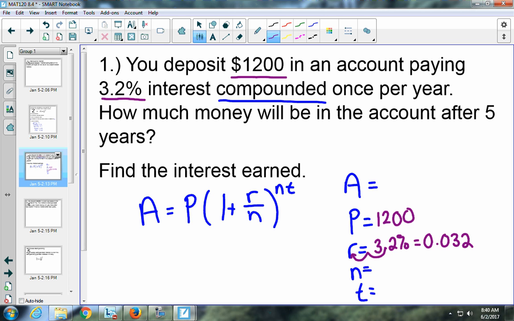Compounded once per year. That means that my n equals 1. That's how many times it's compounded per year. How much money will be in the account? I want my future amount after 5 years. My t equals 5. It's already in years. I don't have to do any converting.